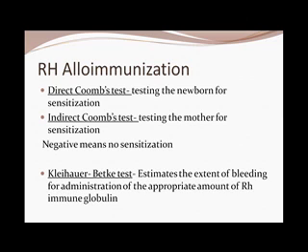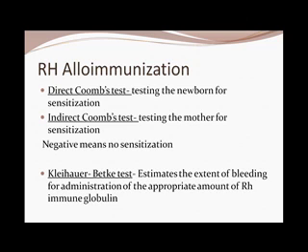A negative means that there's been no sensitization, so her antibodies haven't become active, meaning she hasn't been exposed to great amounts of the fetal Rh positive blood, and then hopefully its cells have not been attacked. So a negative Coombs test is what we're hoping for. Positive would mean that there was some sensitization.